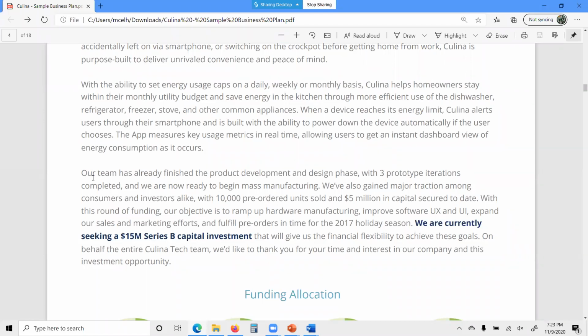Basically, we want your money, and we're not shy about saying it. So the team had finished product development. They had 3 prototypes completed. They were ready to start mass manufacturing. They apparently had some pre-ordered units sold. And they already had capital secured, but they needed more in order to really get going.